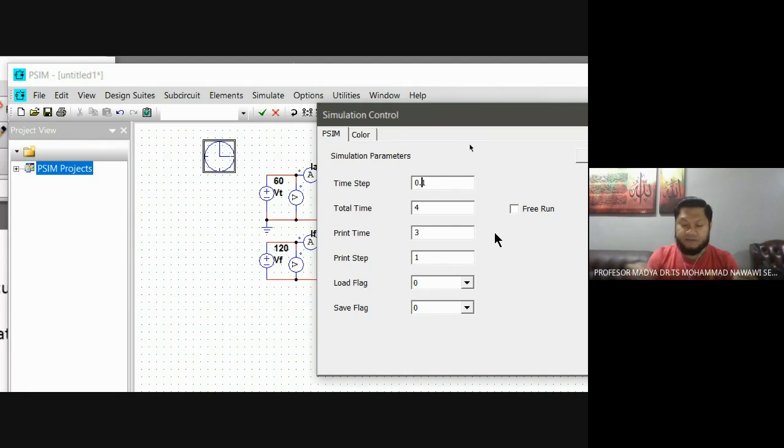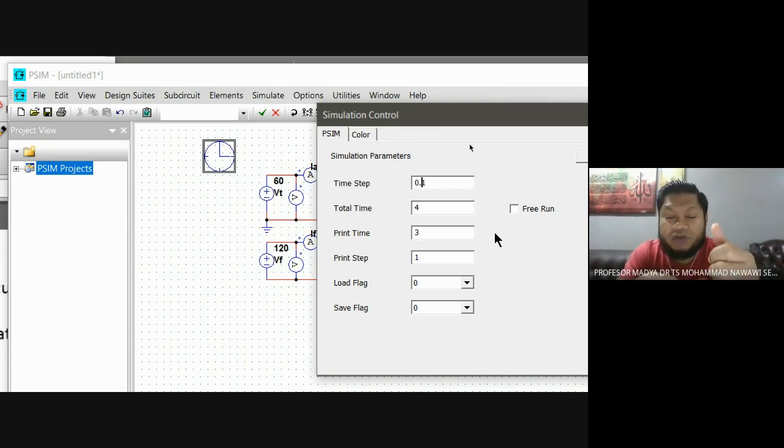So you miss the information between 0 and 0.1. Therefore, sometimes you will not get a correct simulation, correct data. So actually, there is a rule of thumb.